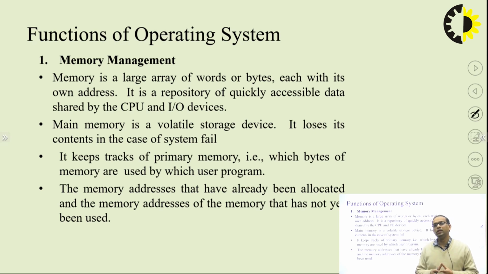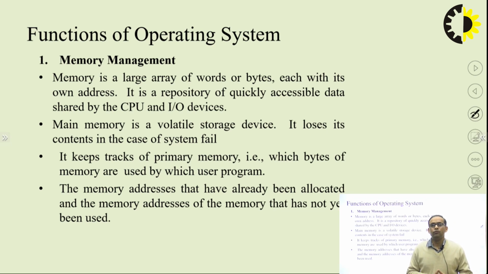The operating system keeps track of how much memory is available at a particular instant of time. Suppose there is more than one process running in our computer system, then each process uses a certain amount of memory. So the operating system keeps track of how much memory is in use and how much is freely available, so that a newly arrived process can be allocated memory space.